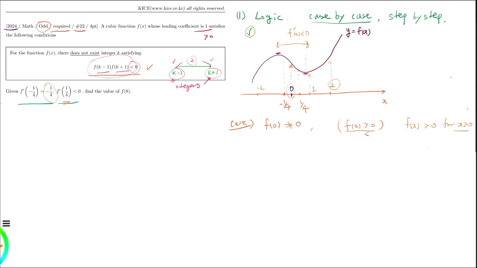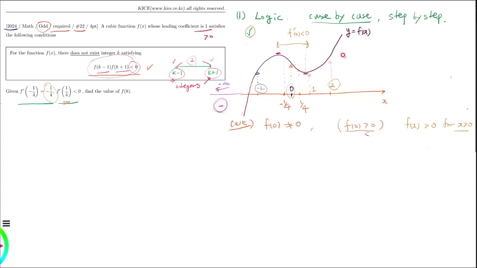Okay, but let's take a look at the value of f of negative 2. F of negative 2 can be either positive or also 0 here. The graph eventually takes negative values as x goes to negative infinity here.